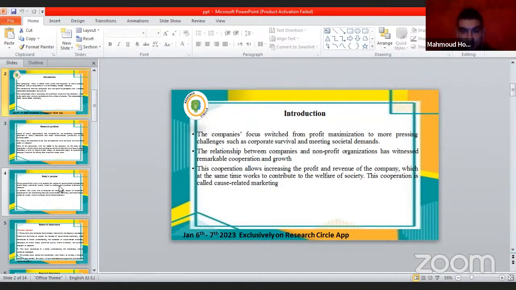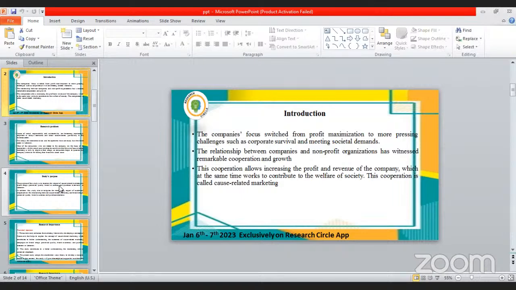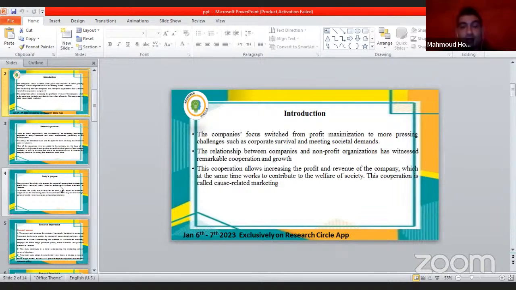So it would be much better if you add some citations here. Yes, it was provided in the paper, Doctor, but for a clear presentation I did not cite the references in the PowerPoint. But if it's better, I will provide them later on.